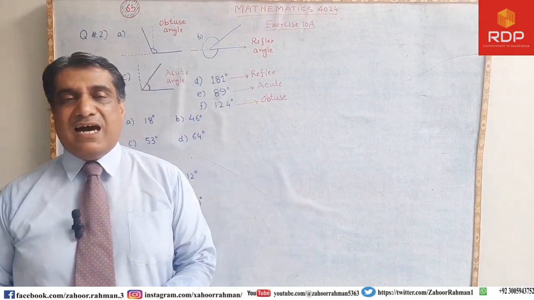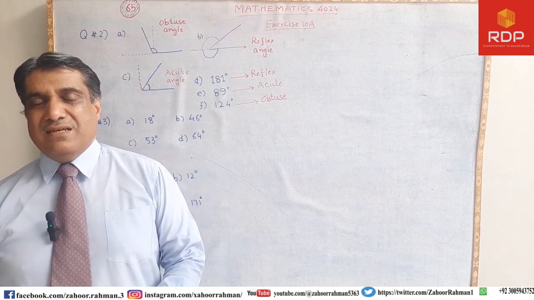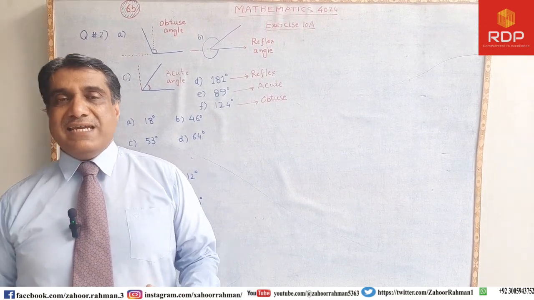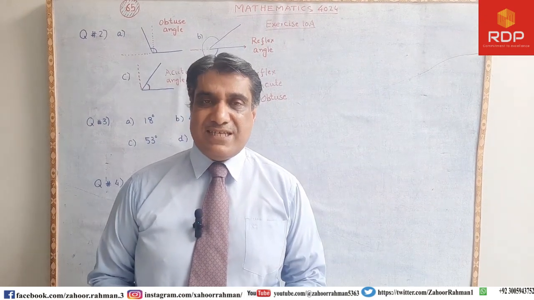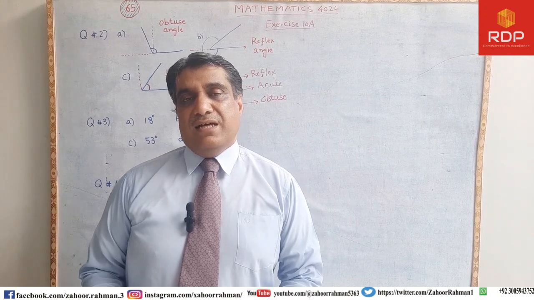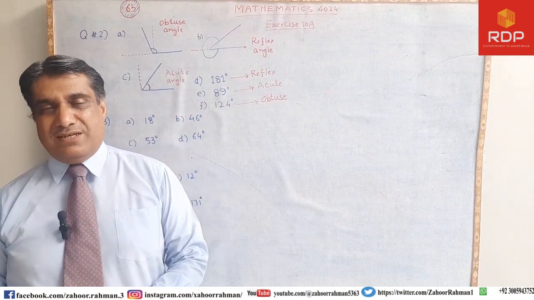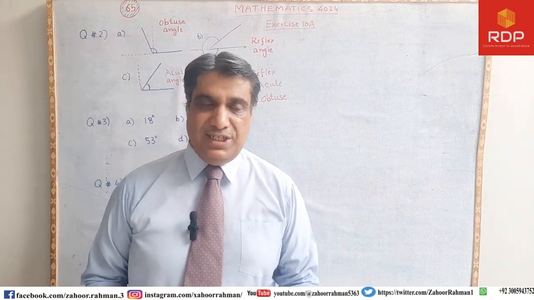Complementary angles are those angles whose sum is 90 degrees, and supplementary angles are those angles whose sum is 180 degrees.